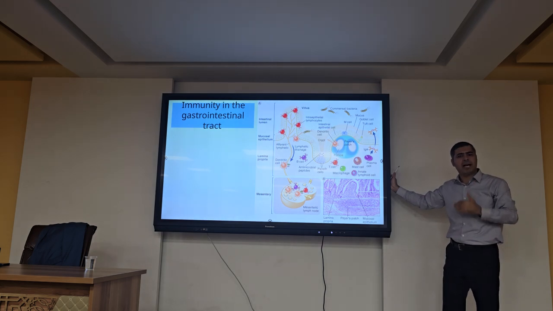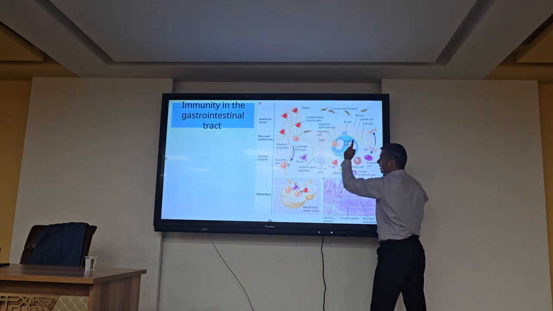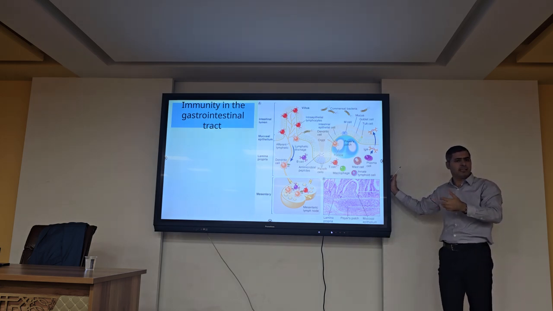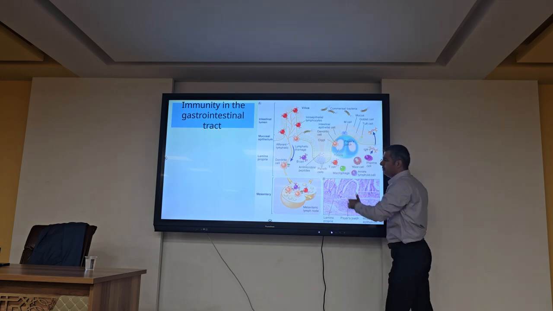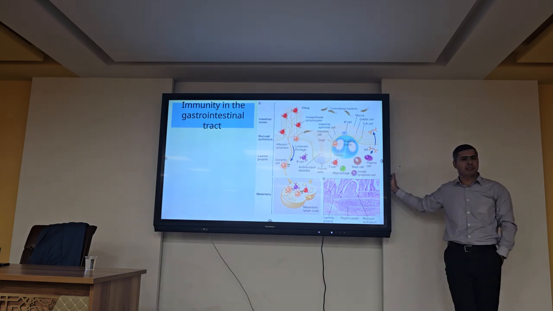I said we have 3 layers of immune response in the barriers. First layer by epithelial barriers, second layer by the cells that are scattered in the lamina propria, in the connective tissue, and third layer by the draining lymph nodes, mainly B cells and T cells located inside the lymph nodes.